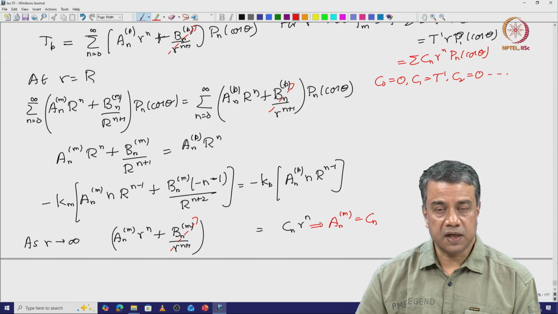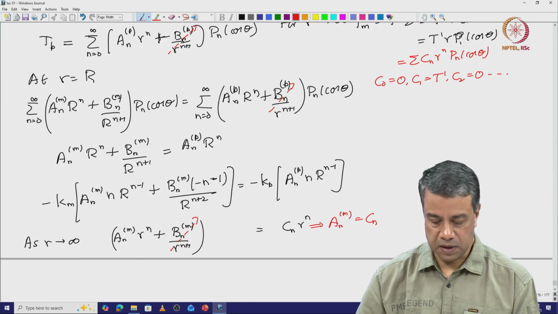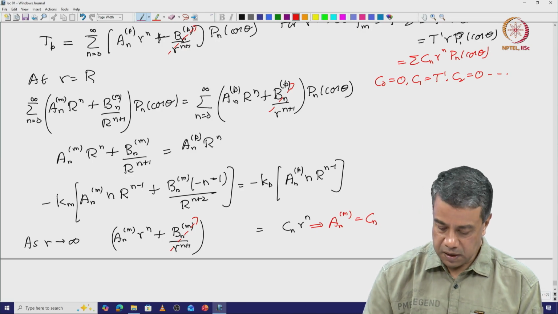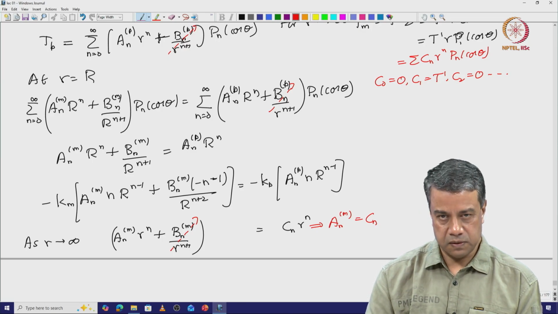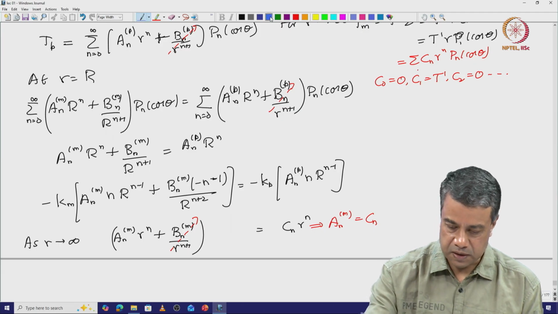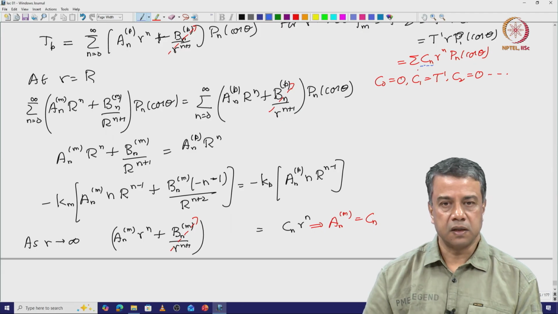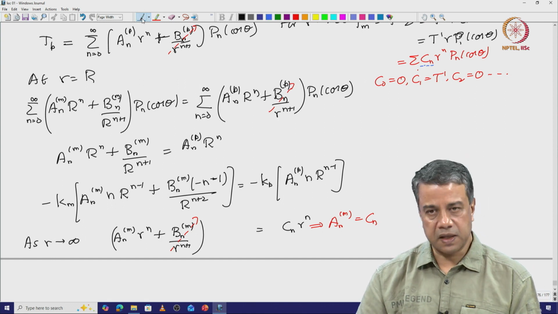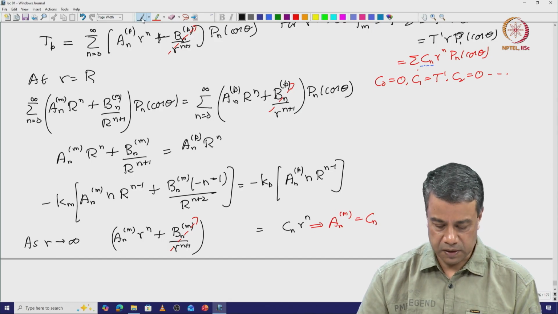So, let us examine what happens when n is not equal to 1. When n is not equal to 1, all of these coefficients are 0. Therefore, A n matrix is equal to 0 for n not equal to 1.